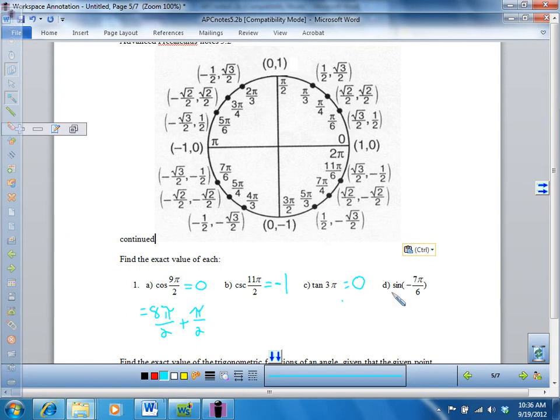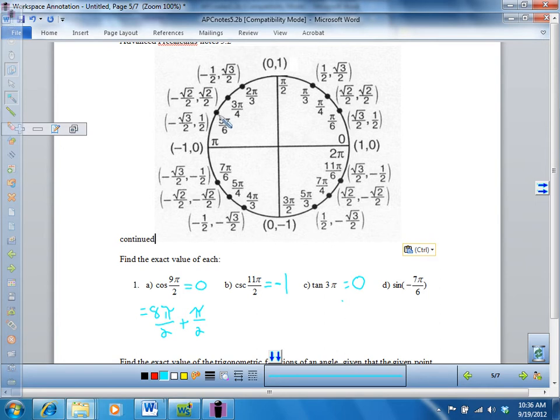Okay? Sine of negative 7 pi over 6. So which direction am I turning? I'm turning clockwise. Okay? So from here to here is 6 pi over 6. So if I go one more pi over 6, that puts you up here. You see that?